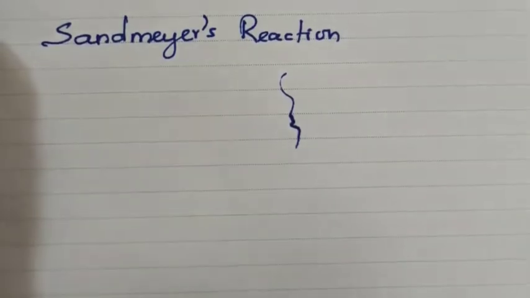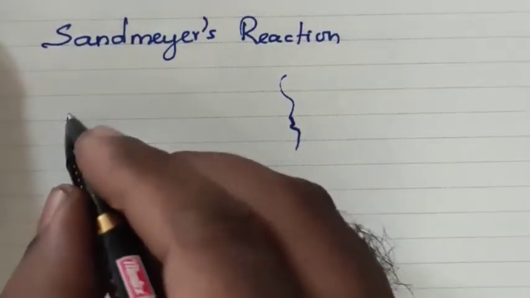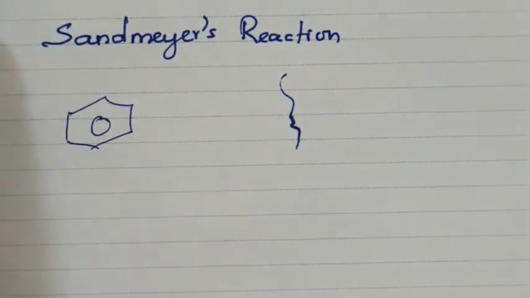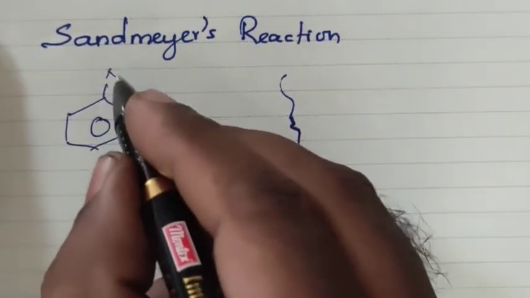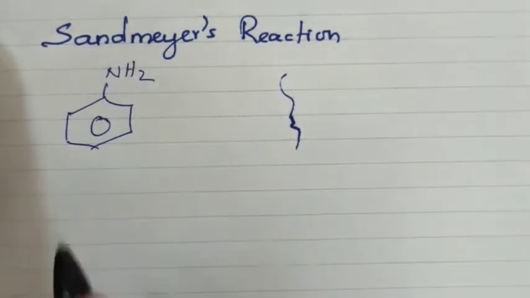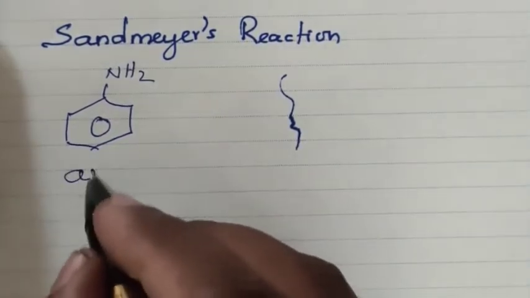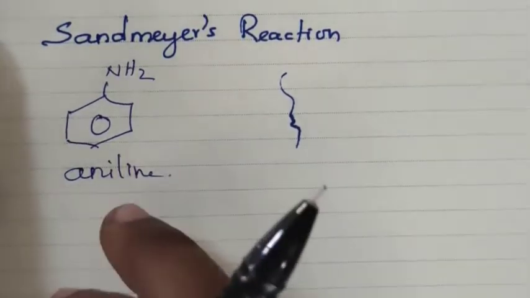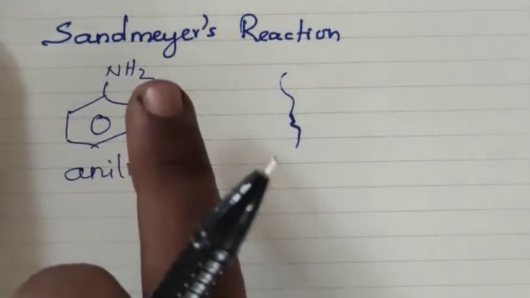Next is the Sandmeyer reaction. What is this? Benzene. If you put an NH2 group on benzene, it is called aniline, A-N-I-L-I-N-E. Aniline is a primary aromatic amine.